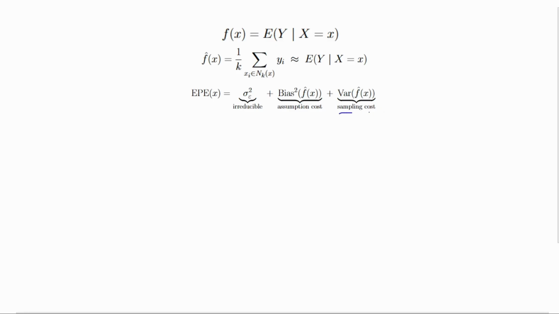And we have the variance of our model, which is, given sampling many times, how much we can expect our prediction to change. So when we impose structure onto our data, we're intentionally increasing potentially bias, but we're decreasing variance. That's generally speaking what we're doing.